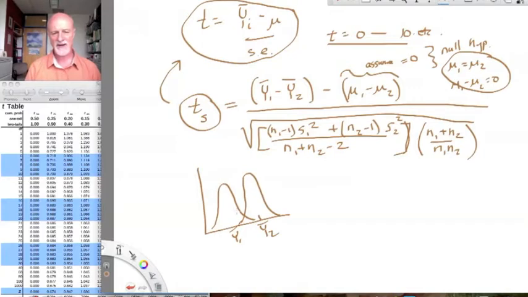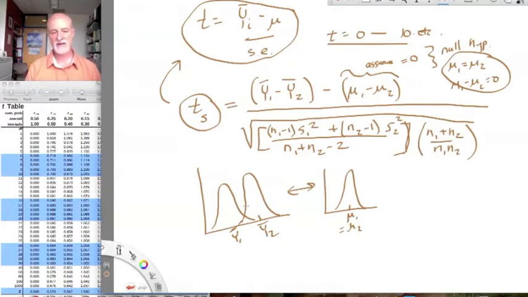Anyway, we're asking what is the probability that I could get y1 bar and y2 bar being this far apart, when in fact they were drawn from a parametric population with the same mean, mu1 equals mu2.